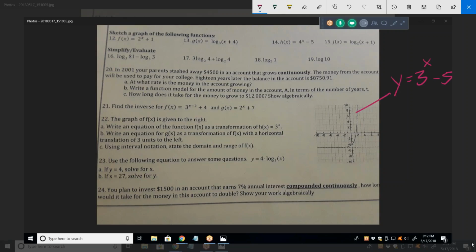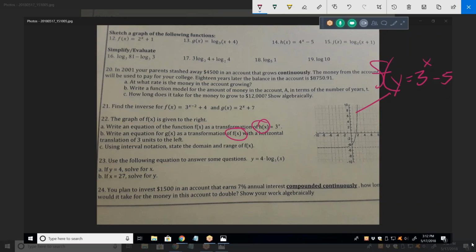Write an equation as a transformation of f with a horizontal translation of 3 units to the left. Now notice they said a transformation of f, not a transformation of h. So we're starting, this is f right here.